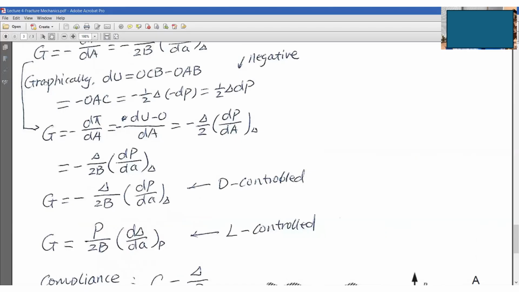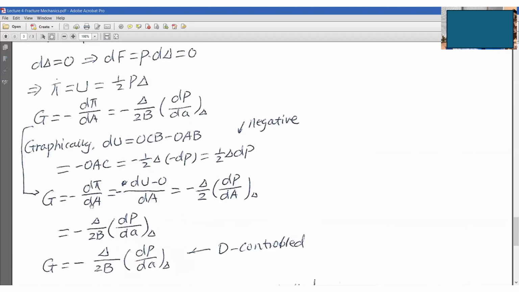And then G equals dπ over dA, where π equals dU minus dF, and dF equals 0. So this equals dU, which is here.